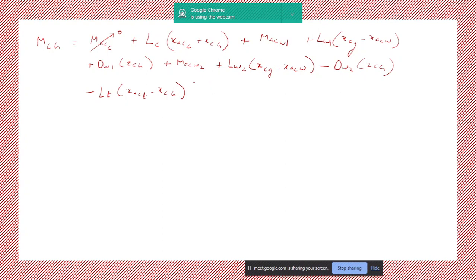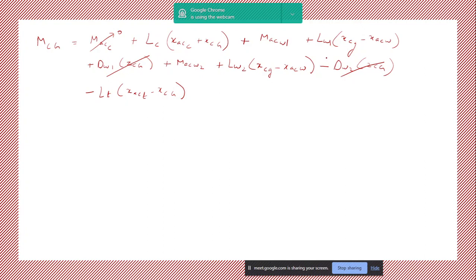Since both our wings have the same cross section, it's the same airfoil, CL naught, CL alpha, all of them are the same, so we can cut these terms. This is plus DW1 and minus DW1, both are the same, so we can cut both of those terms.